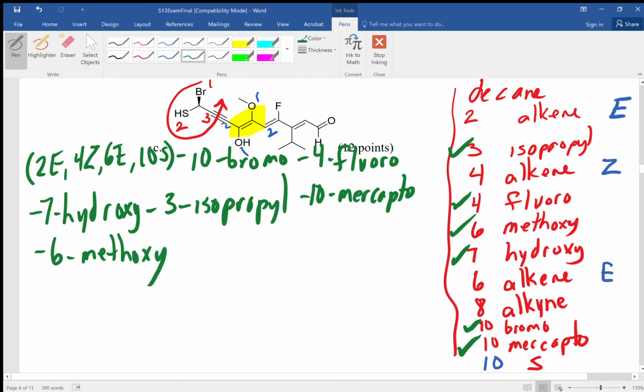We've now accounted for all of our substituents, so now we need to give our parent name, which is decane. Then we have the 3 alkenes at 2, 4, and 6. 2, 4, 6, triene. 8-yne for the alkyne, and finally al for the aldehyde. Remember, the aldehyde, because it's defined as carbon 1, does not need a number.